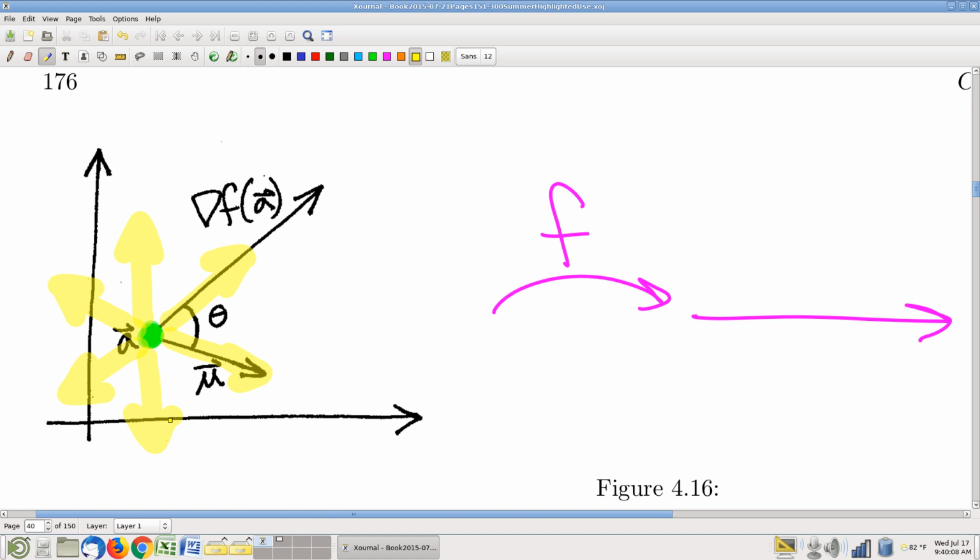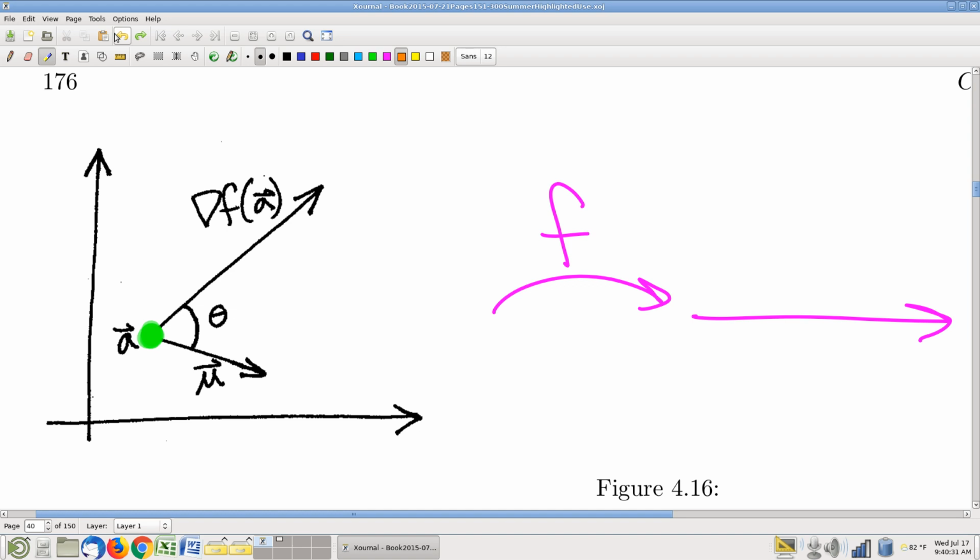So we're going to look at all of these different unit vectors, and we're going to ask which one maximizes the unit directional derivative. Reasonable question. Okay. Let's keep that there.